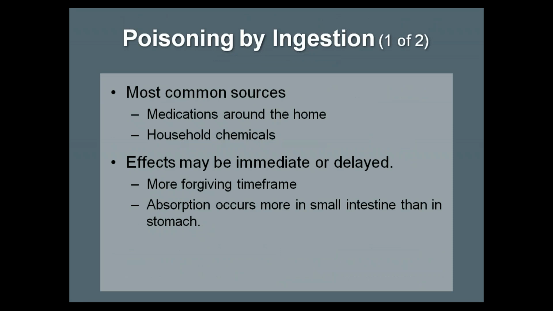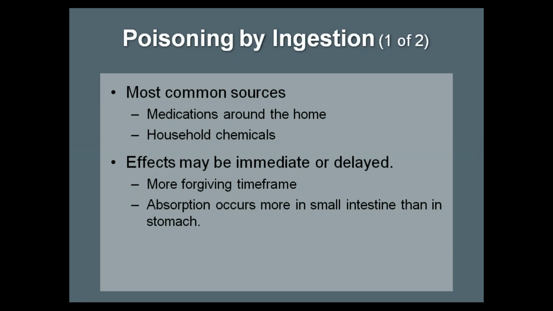Most common sources are the medications around the home. Whether it's an infant that finds mom's pill bottle that's open and decides to eat them all because they look like candy, or it was intentional or unintentional, medications that are prescribed or available in the home are the most common, or chemicals, especially for toddlers.